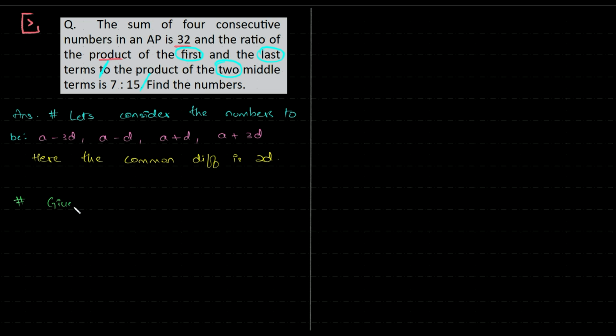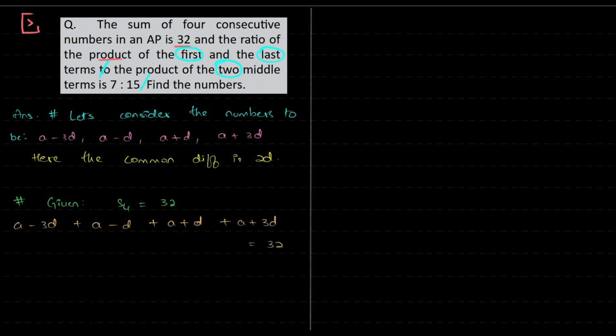We have been given that the sum of the 4 terms is 32. So we need to add a minus 3d, a minus d, a plus d and a plus 3d, and this is equal to 32.